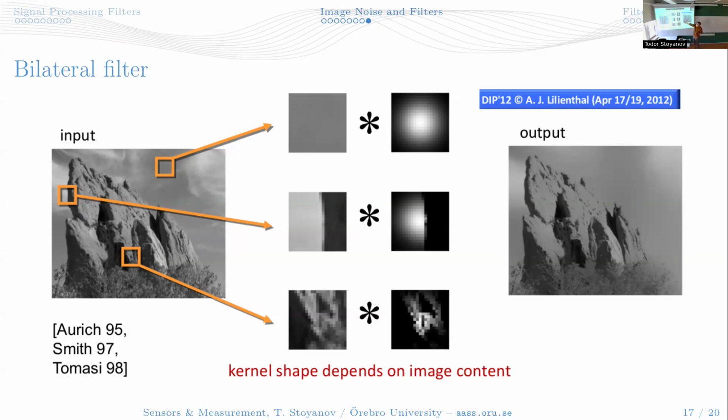But if you look over here where we have the edge, right? If you look at the image patch over there, it is kind of black on one side and light on the other side. And this is what the kernel is going to look like. On this side, we are looking more or less like we did before, a flat Gaussian, but the intensity difference between pixels on this side and the central pixel is very high, right?